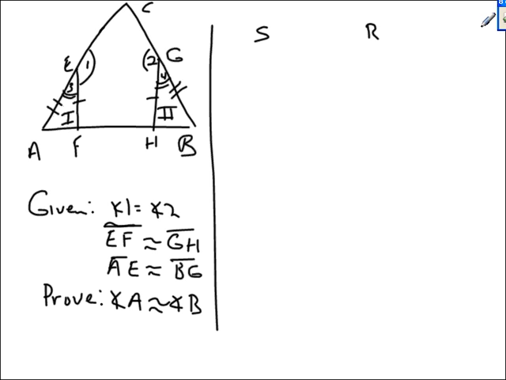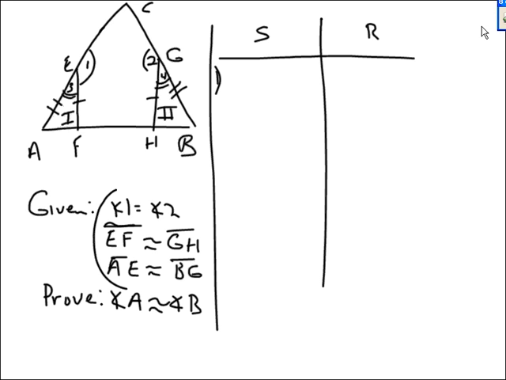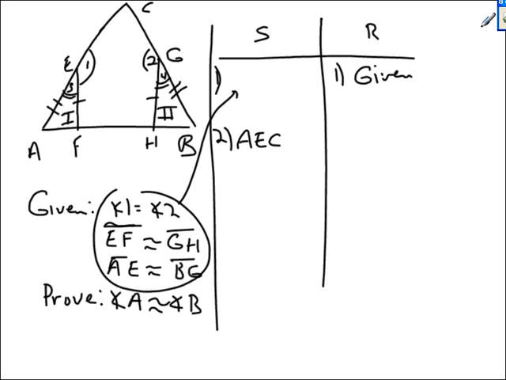Statement, reasons. 1. All of this. The reason given. Now you say that AEC and BGC are straight angles.